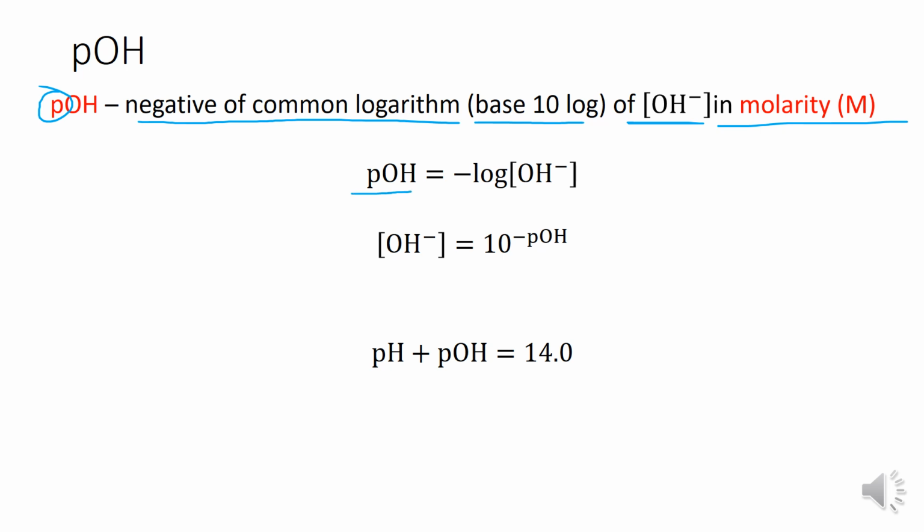We simply have to replace the hydronium ion concentration by the hydroxide ion concentration. And if we need the concentration of hydroxide ions from a given pOH, we have to use the inverse of the logarithmic expression, which is this exponential expression. So the hydroxide ion concentration is equal to 10 to the negative pOH.